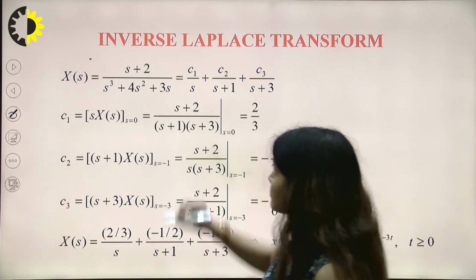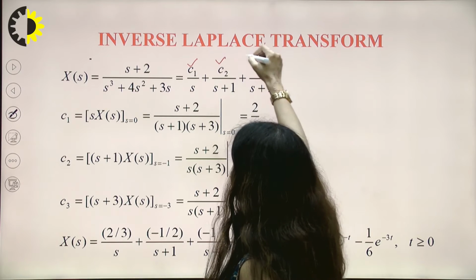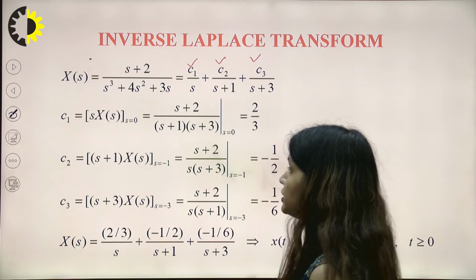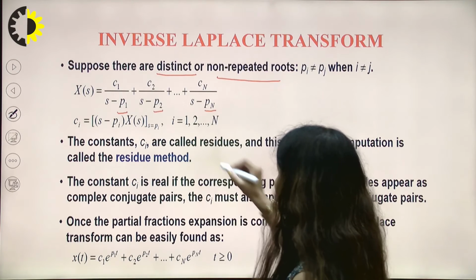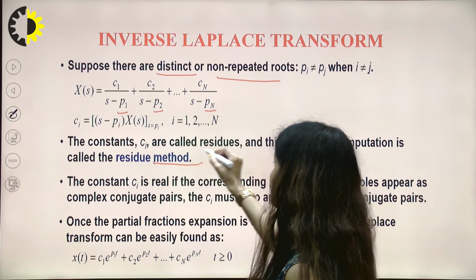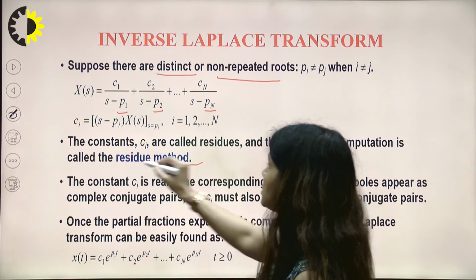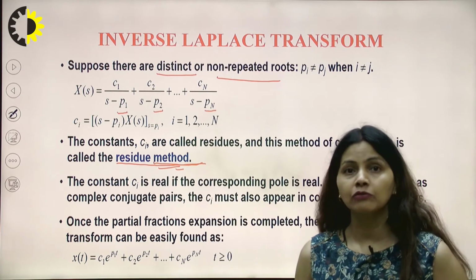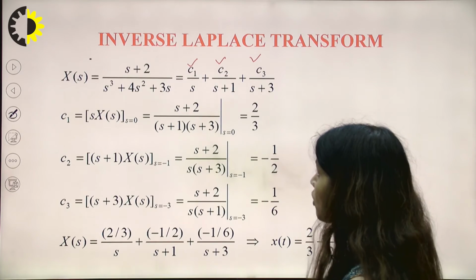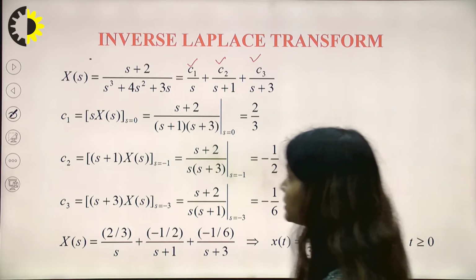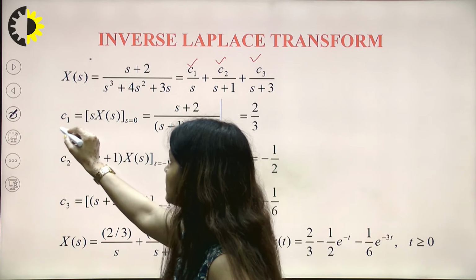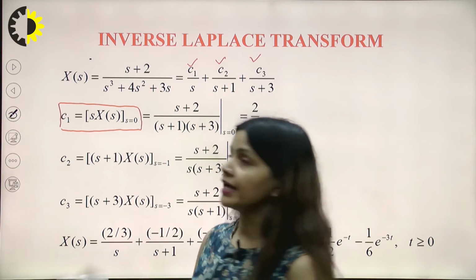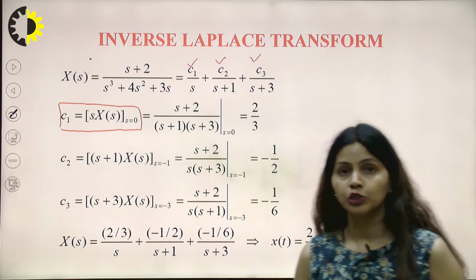Now, for the calculation of C1, C2 and C3, after factorization, we need to calculate the residues, because this is the residue method. So how do we calculate the Ci's? We take the first one, C1, as s times X(s) at s equal to 0.